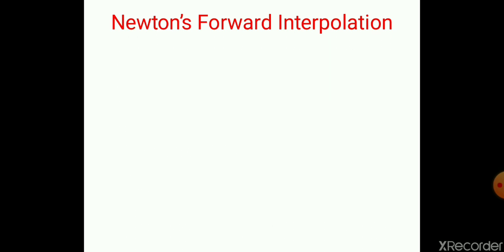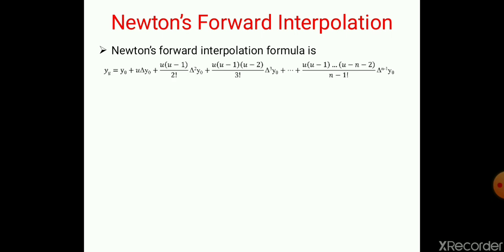So in Newton forward interpolation, the formula is yg is equal to y0 plus u into delta y0 plus u into u minus 1 upon 2 factorial into del square y0 plus u into u minus 1 into u minus 2 upon 3 factorial into del cube y0, up to the nth term, that is u into u minus 1 up to u minus n plus 2 upon n minus 1 factorial into del n minus 1 y0.